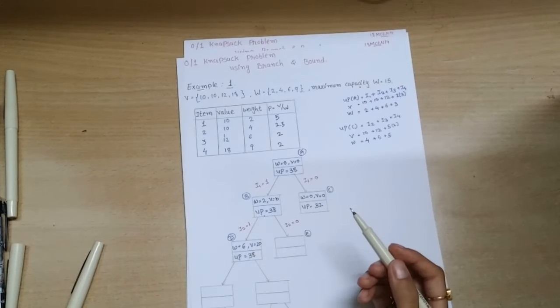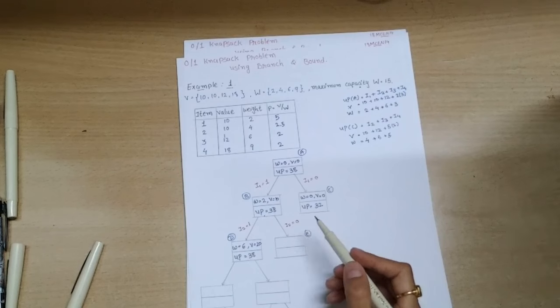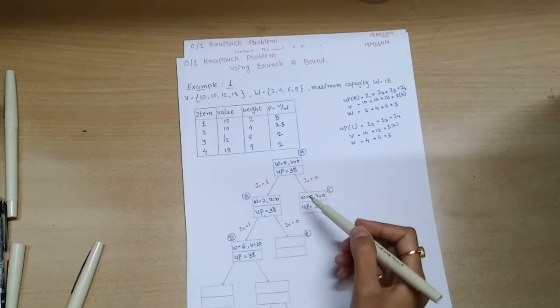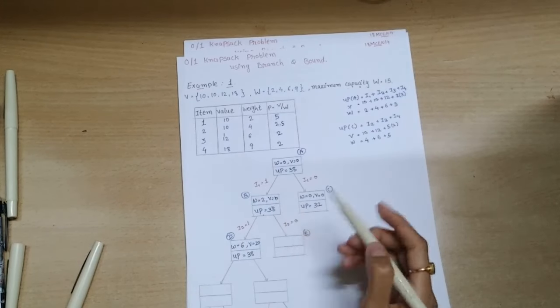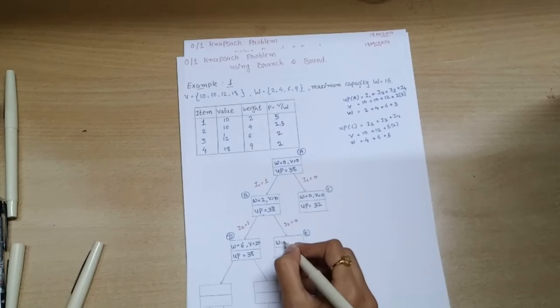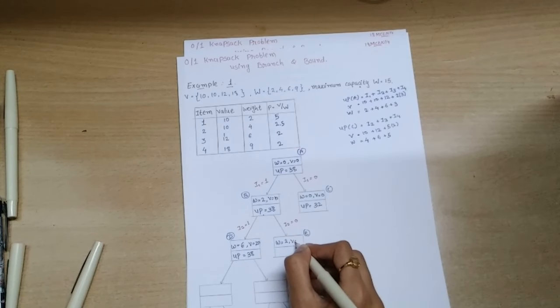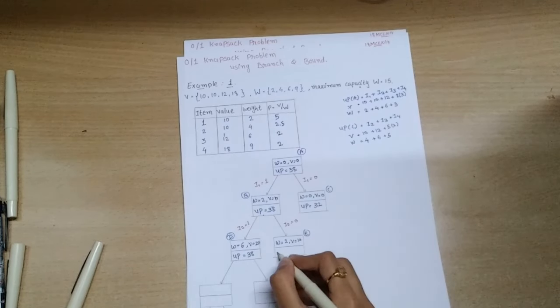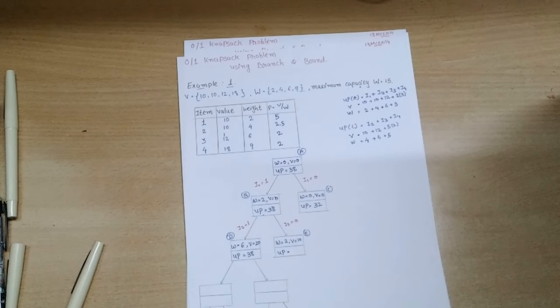If we don't consider item 2, then the weight and value will be as they are, so W is equal to 2 and V is equal to 10, and we have to calculate the upper bound.